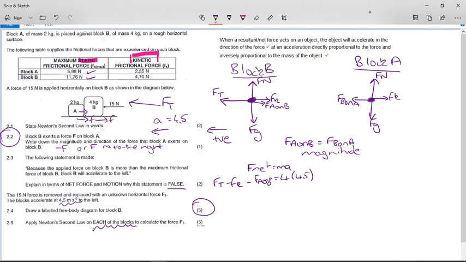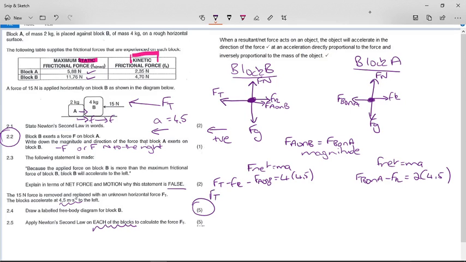And then we're going to look at block A, and we're going to say F net equals MA, and we've still got direction of motion as positive, so FB on A minus Fk is going to be equal to the mass of block A, which is 2, multiplied by 4,5, because that was the acceleration. So we can now put some values in here. We're looking for Ft.